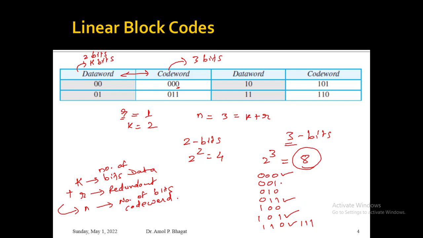The remaining 4 are unused code words. So these are the invalid code words. So if your receiver receives any one of these unused code words, it will simply reject that data, saying that errors have occurred there.